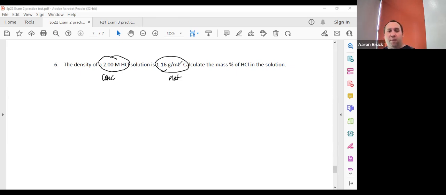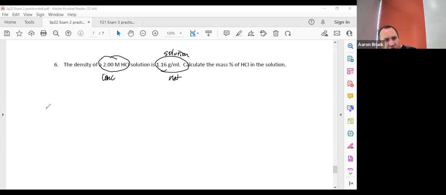We have to remember what things are. This describes the solution. This describes hydrogen chloride in that solution. So we are going to use both components, but we can't use them interchangeably. They each serve a purpose.